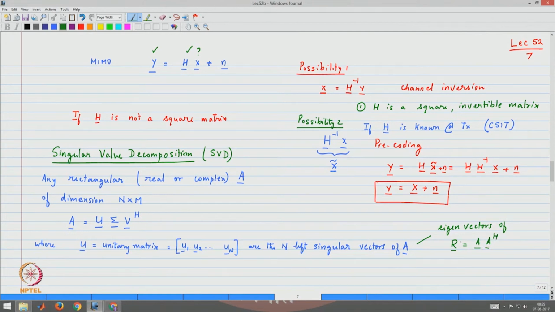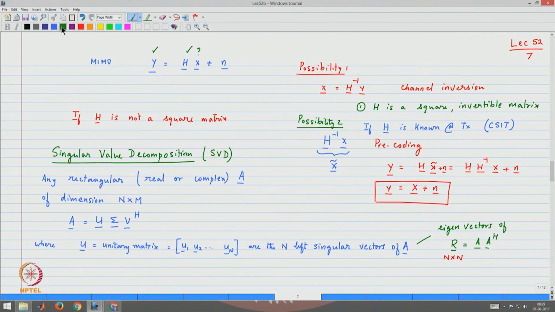A being n cross m, we can verify that R is an n cross n matrix. It is a positive semi-definite matrix, and using the factorization of a positive semi-definite matrix, we can then obtain the different vectors U1 through UN.